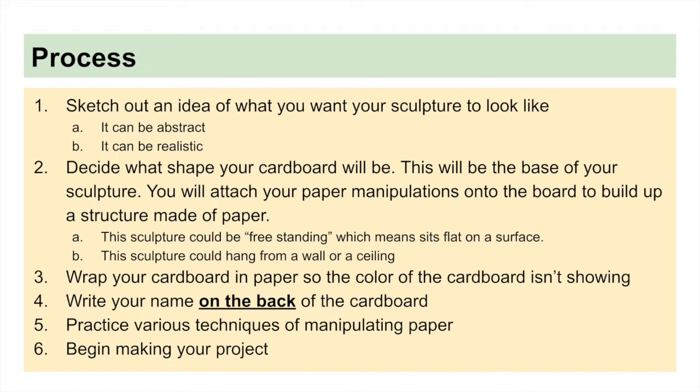This sculpture can be freestanding, which means something that sits on a table or on a surface, or you could create a sculpture that you would want to hang from a ceiling or on a wall. There are definitely some options when it comes to how this sculpture could be displayed, and that's totally up to you. You're going to wrap your cardboard in paper so the color of the cardboard is not showing. You'll then write your name on the back of the cardboard and then practice various techniques of paper manipulation. And then you'll begin your project.